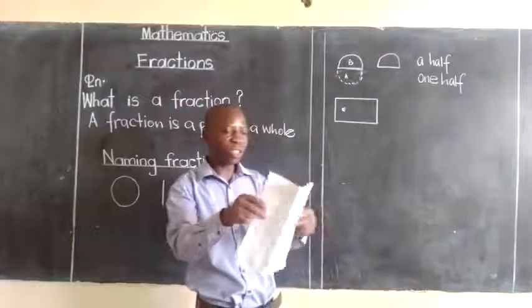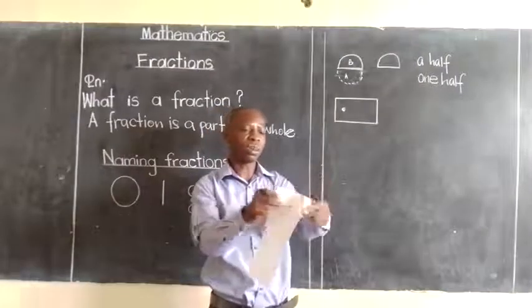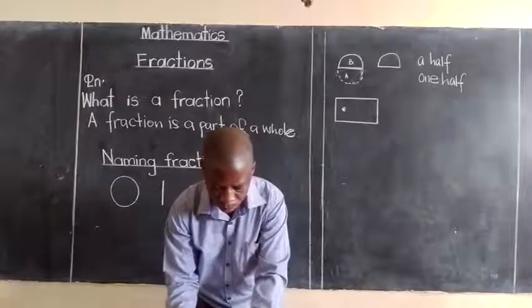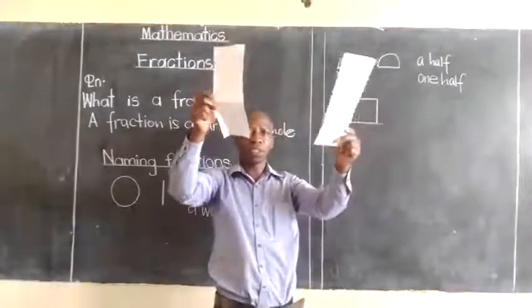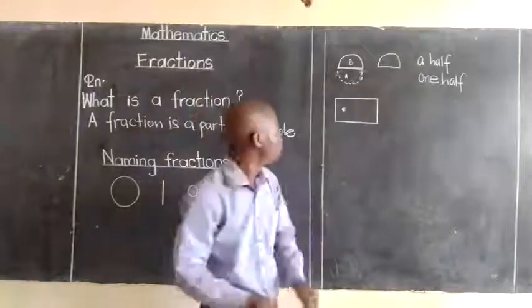If I cut it into 2 pieces, then it becomes a half. For example, these are equal pieces, right? So this is a half and this is a half.